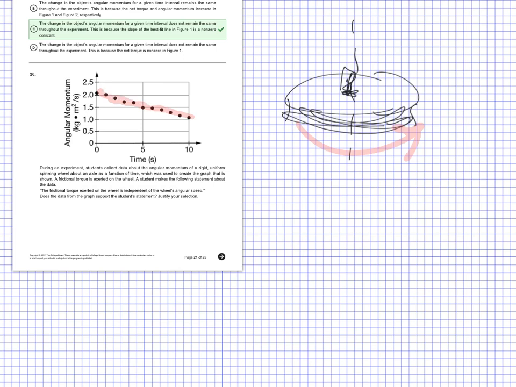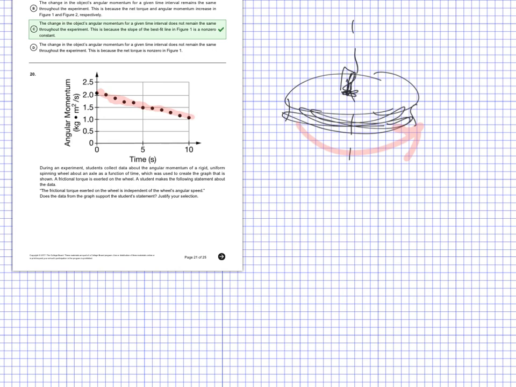And that indicates that as this thing is slowing down, we're not getting different amounts of torque acting on the wheel. If this started to change as the momentum went down and the slope started changing, then you could make a claim that the friction was dependent on how fast the wheel was spinning. But even when the wheel slows down to half of its original value, the slope stays consistent throughout that whole trend.